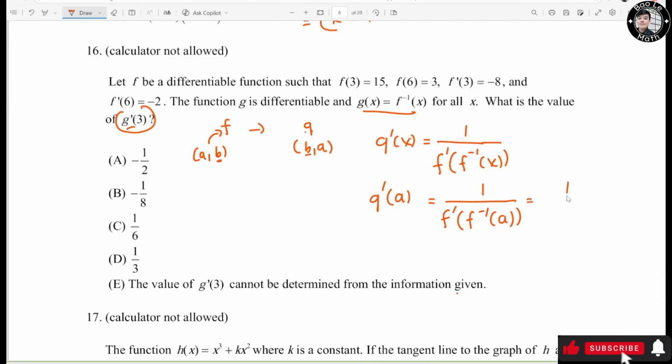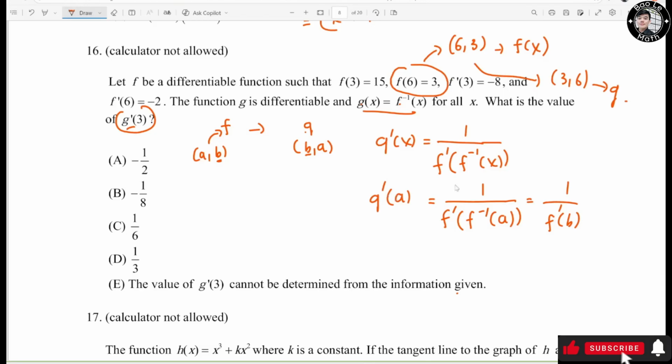So it could be 1 over f prime of b. This one right here, f of 6 equals 3, tells us that the point (6, 3) is on the function f of s. And because g and f are inverses of each other, the point (3, 6) sits on the function g.